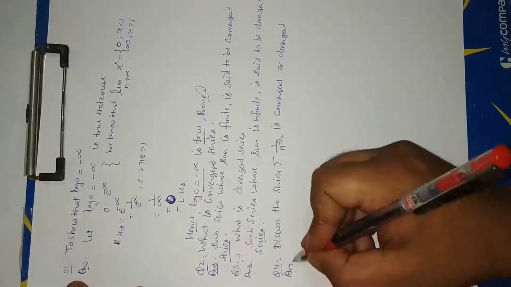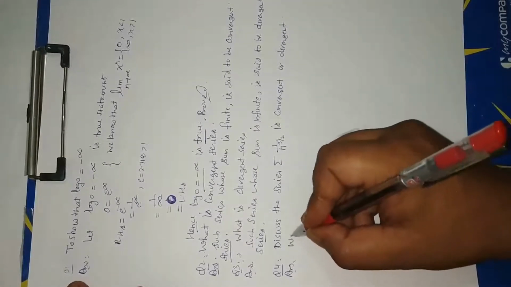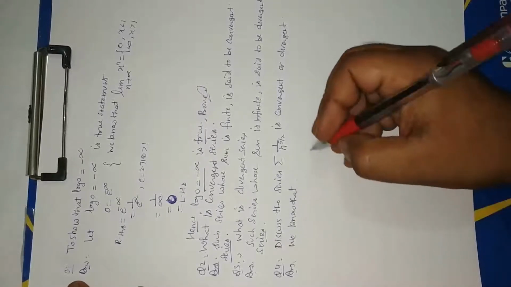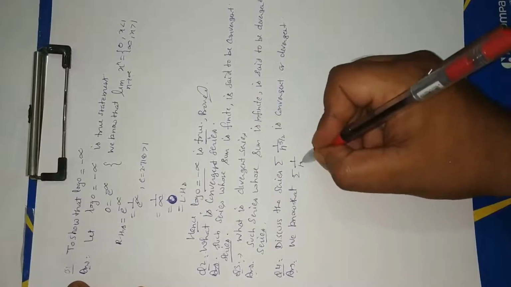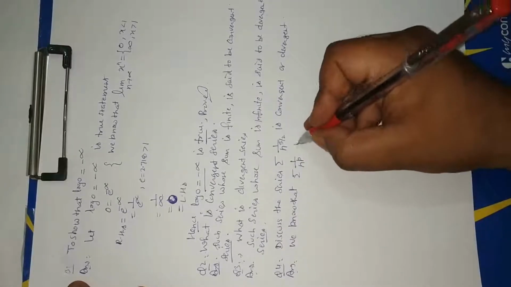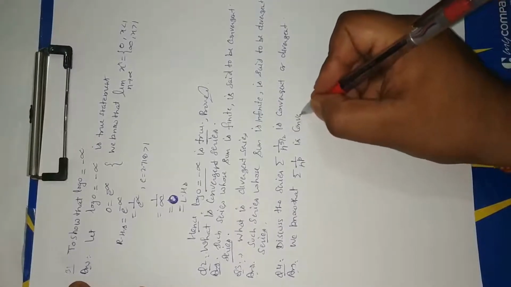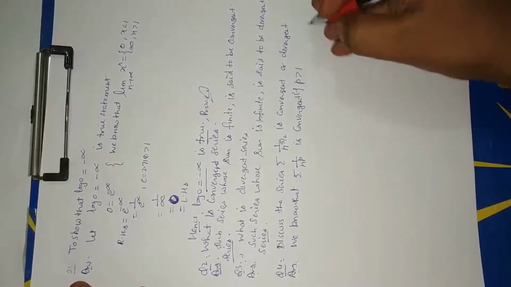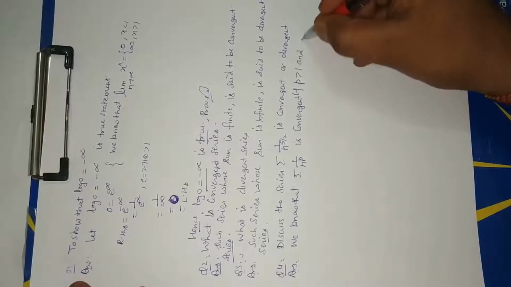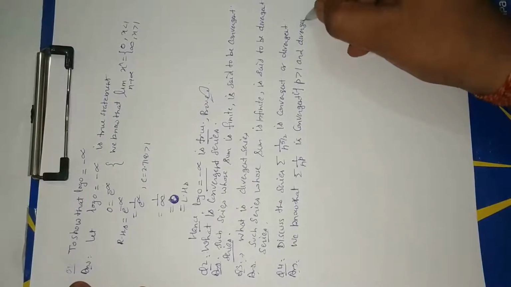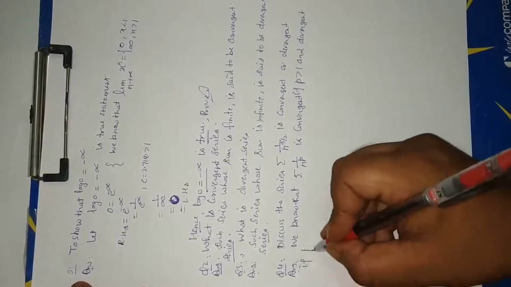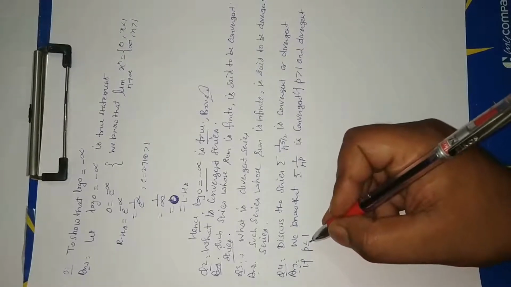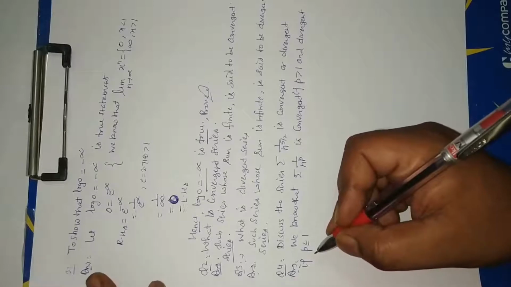Answer: we know that summation 1 upon n to the power p is convergent if p is greater than 1 and divergent if p is less than or equal to 1.